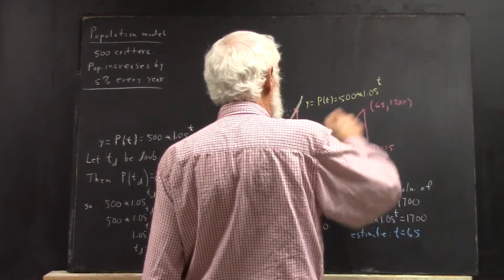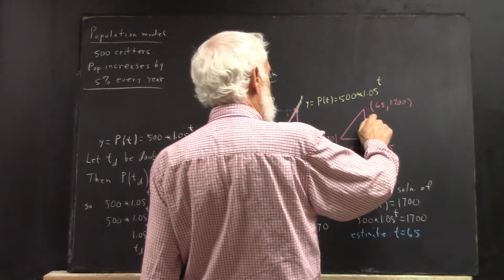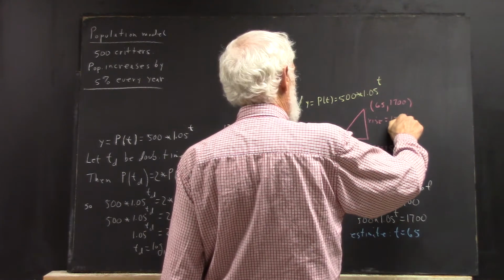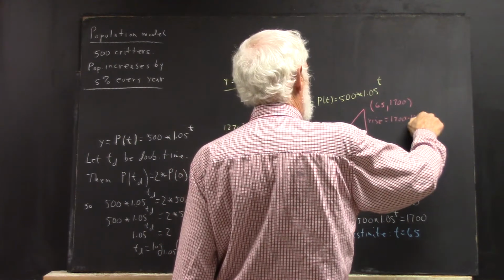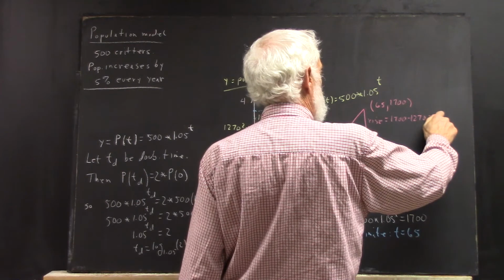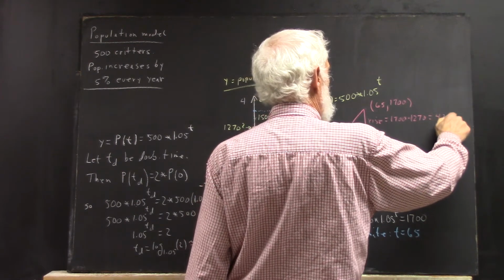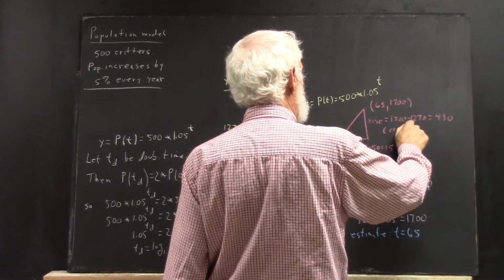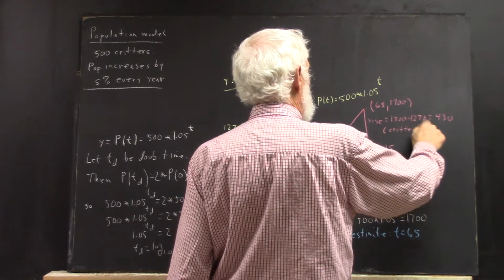The rise from 1270 to 1700 is 430. That's in critters.